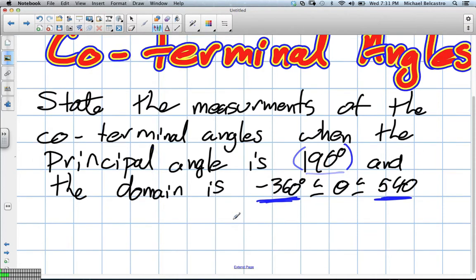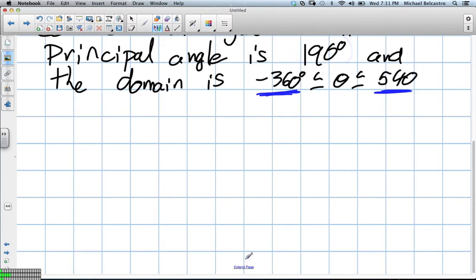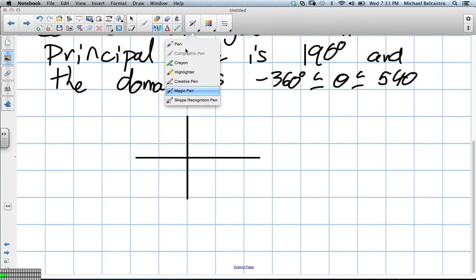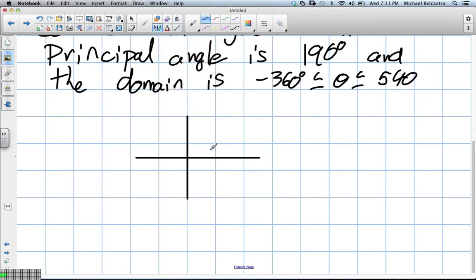Okay, so when we go to draw this out, when we go to focus on a principal angle, we're going to think about an XY axis, and imagine a circle going around it. We've done this before with radians. We're going to start here, and an angle that reaches up to here will be 90 degrees.